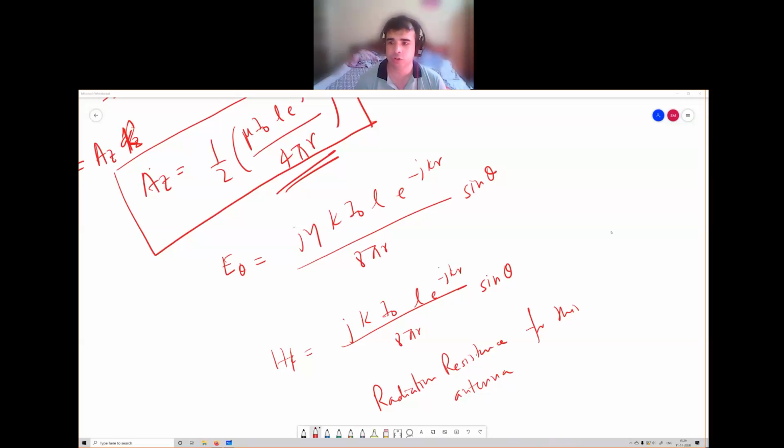So for others, what will be the directivity of this antenna?